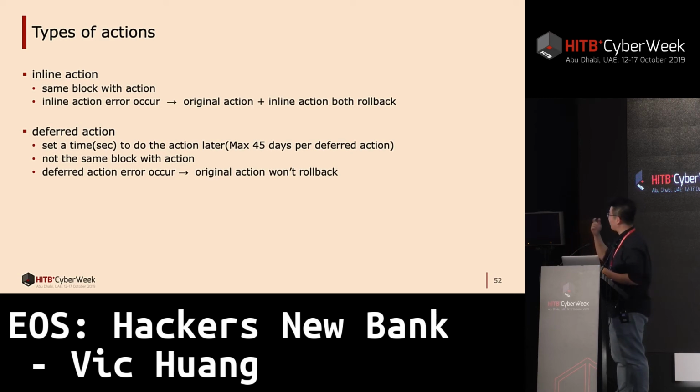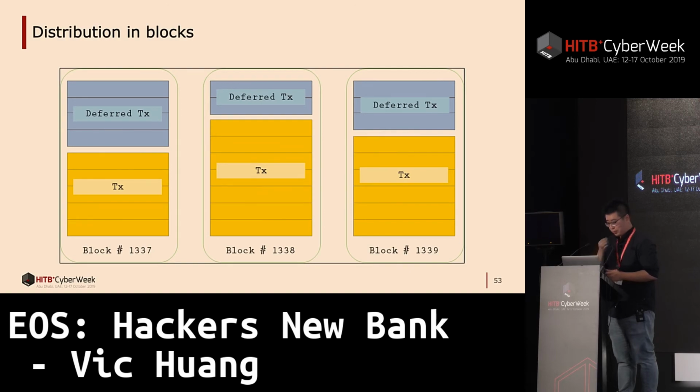And when the deferred action errors, the original actions won't roll back. This is the usual distribution in the blocks. We can see there are some deferred transactions, and this orange one is the inline transactions.